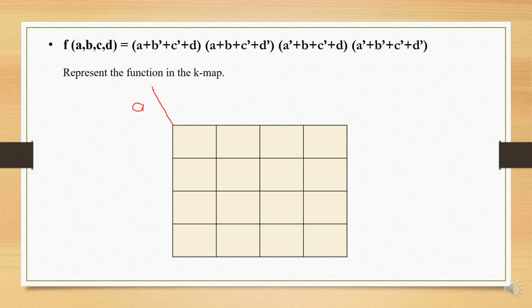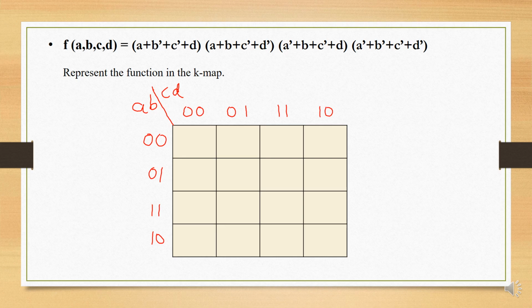The input variables are A, B, C, D. Let us write the values for each row and column for the respective variables. So it is 00, 01, 11, 10. Similarly for the columns it is 00, 01, 11 and 10.